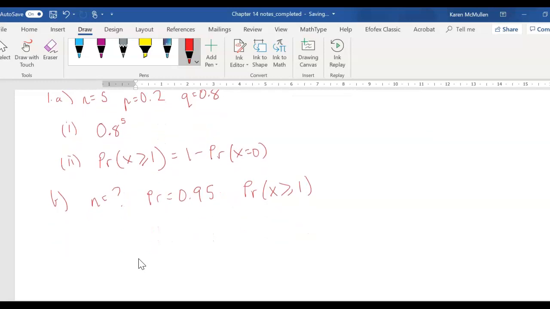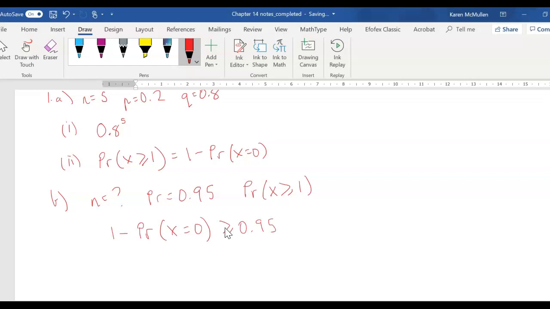Similar to the question that we did previously, we can do 1 minus what we don't want, so 1 minus the probability that X is equal to 0, and we want that to be greater than or equal to 0.95.